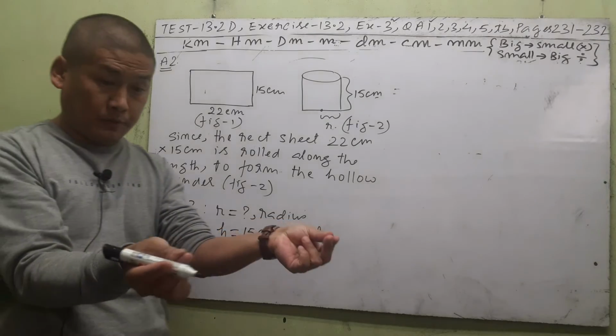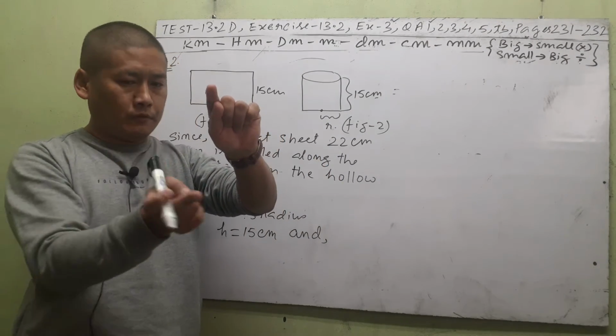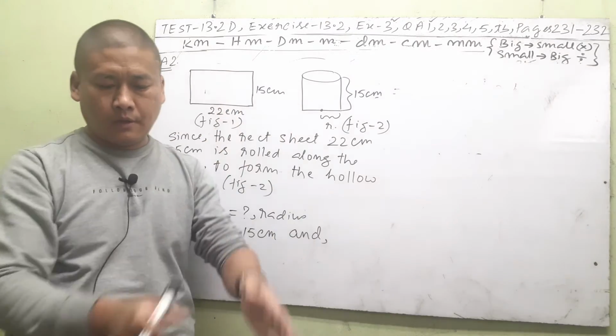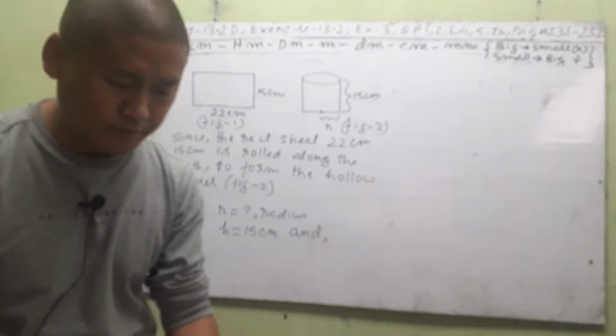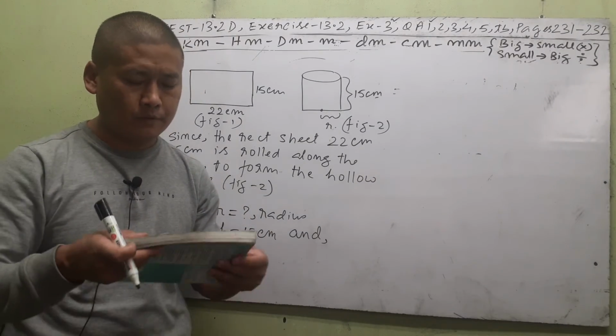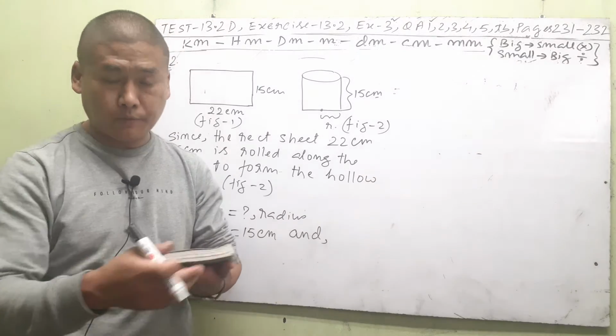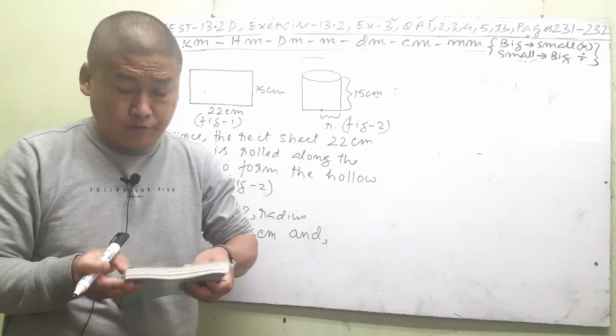So when you roll this paper 22 like this, the distance covered to go one time around the circle as the paper is rolled like this, before that also, say this is 22 centimeter and you rolled along 22, then before rolling it is 22 centimeter long.